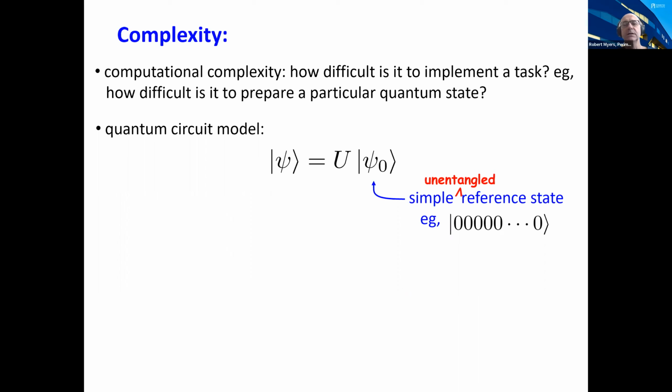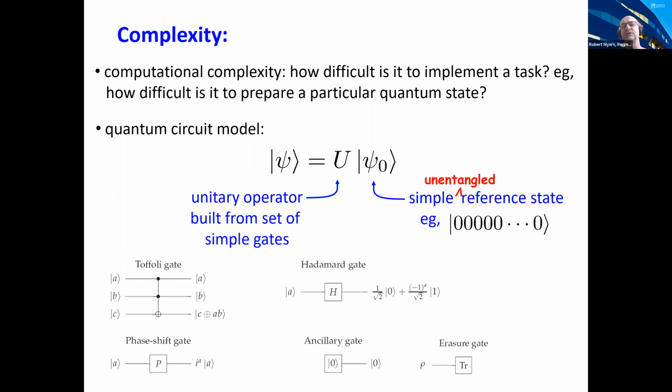Now we want to transform that by application of the unitary to our desired target state. But what we're going to do is say that unitary operator is built out of a set of simple gates that only act on a few of the spins or a few of the degrees of freedom at a time.